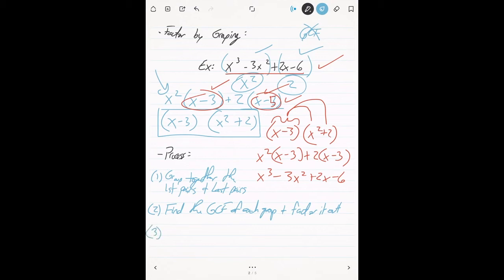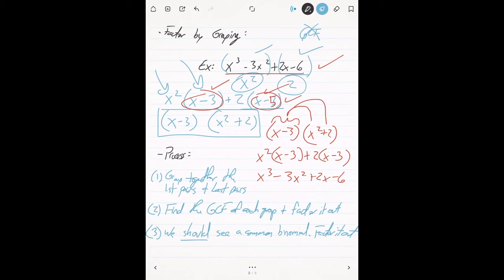Once that has been factored out, we should, I'm going to underline should, see a common binomial. Factor it out. Okay? In this case, the x minus 3 and the x minus 3, those were the common binomials. So we need to factor those out, okay?